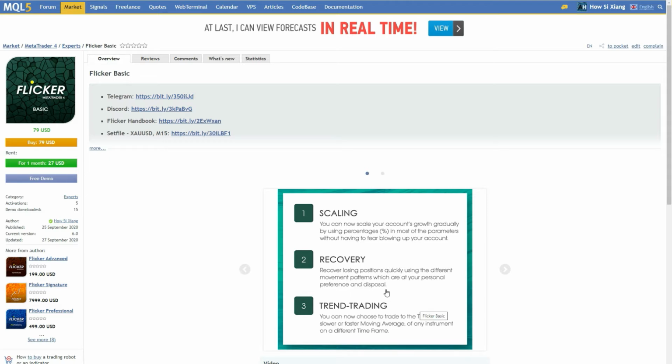Now before we move on further, if you look at each Flickr product page, other than the support groups, one on Telegram and the other on Discord, I also make it a point to include a handbook.